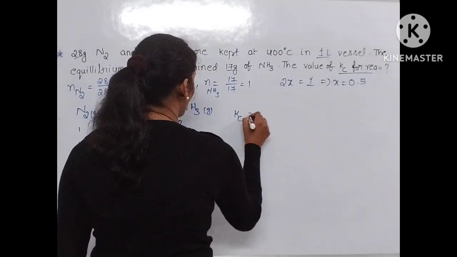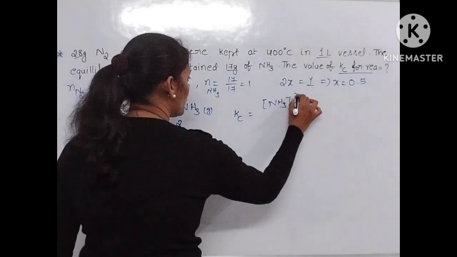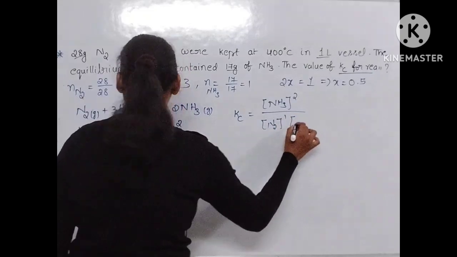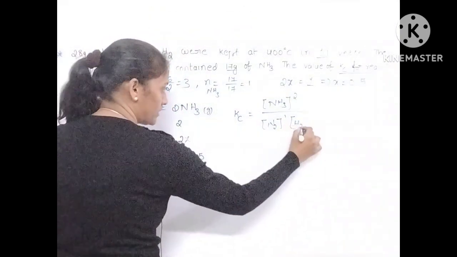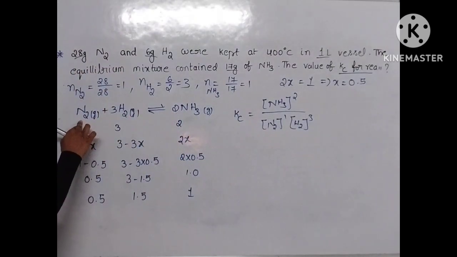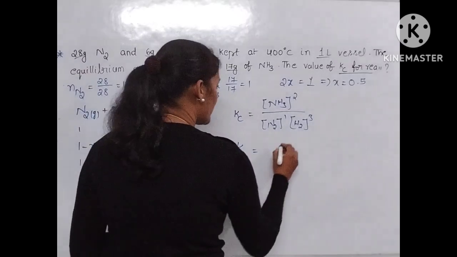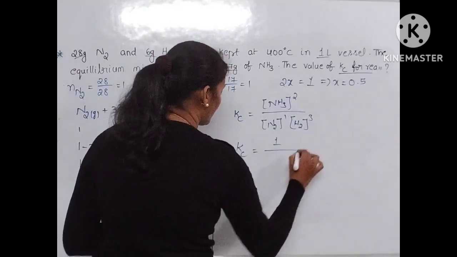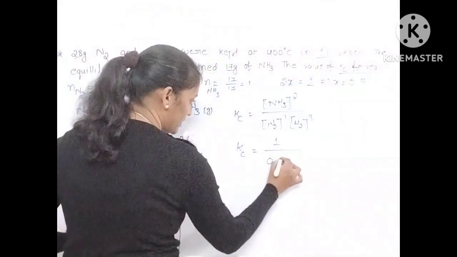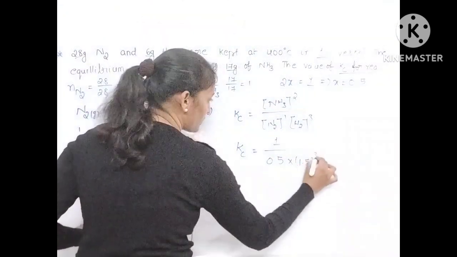Kc equals the products' concentration, ammonia concentration power 2, upon N2 concentration power 1 and H2 concentration power 3. Here I am going to take these values and substitute. NH3 concentration is 1, upon N2 concentration 0.5 into 1.5, the H2 concentration, power 3.